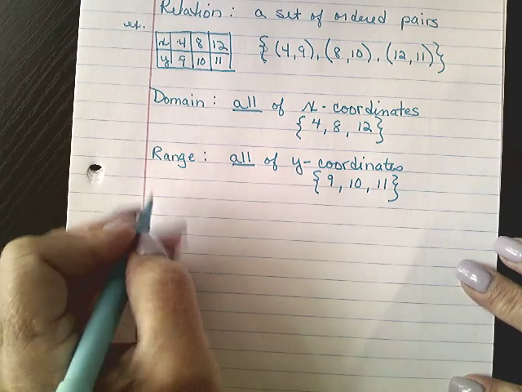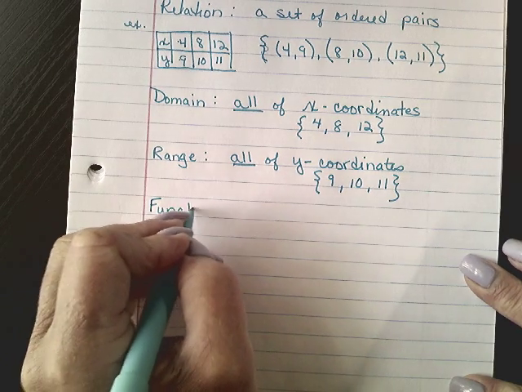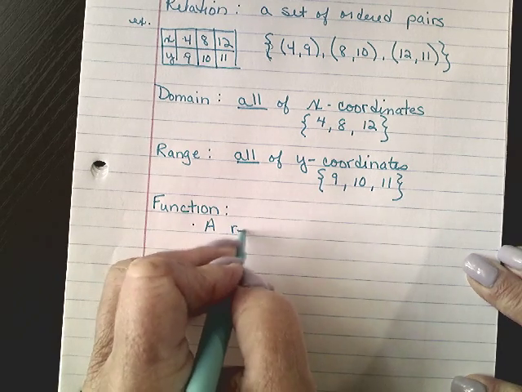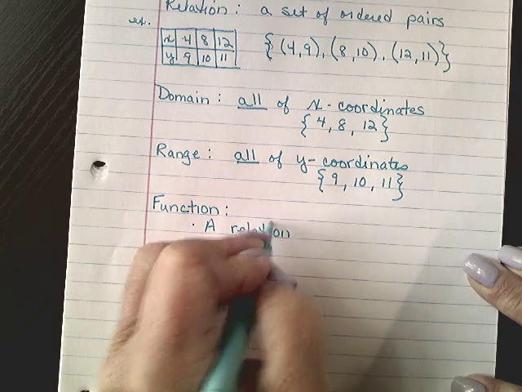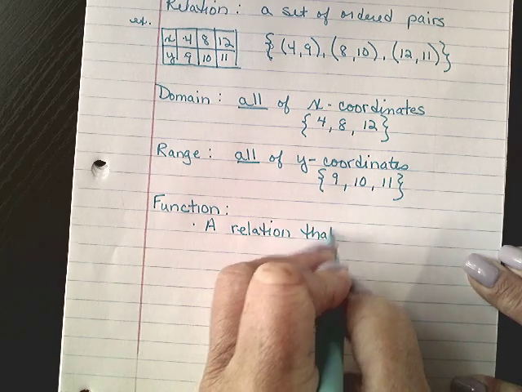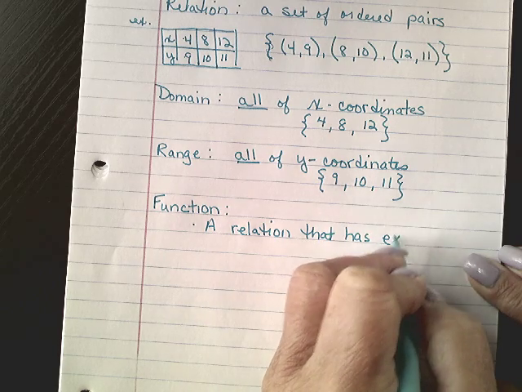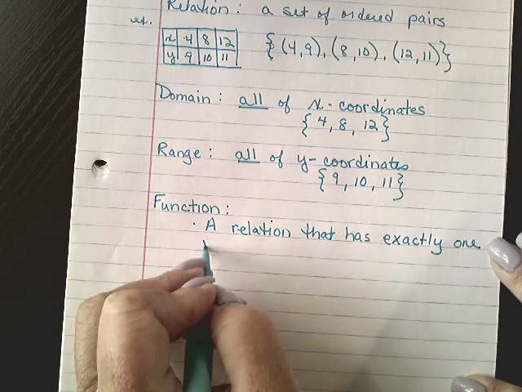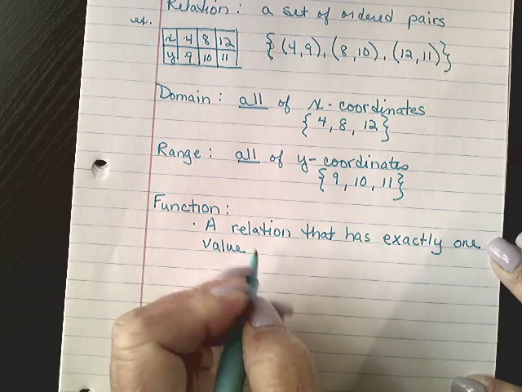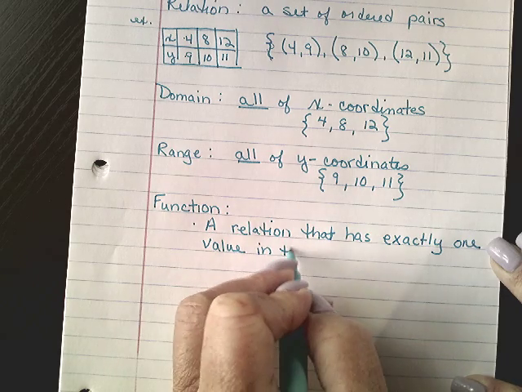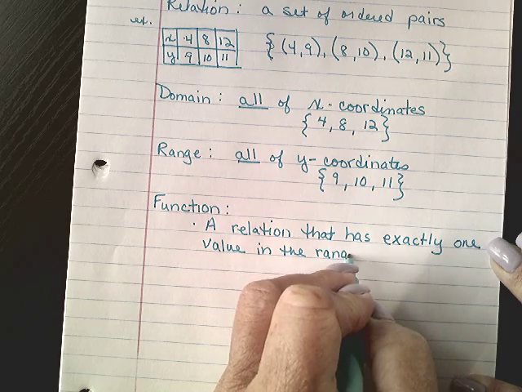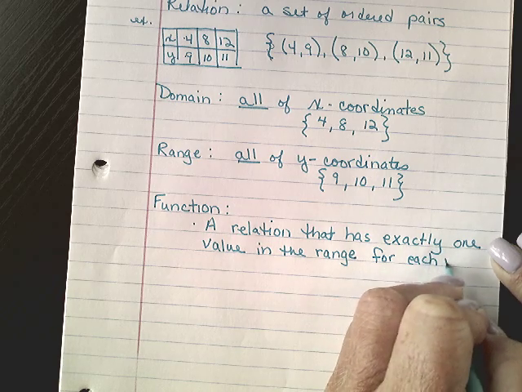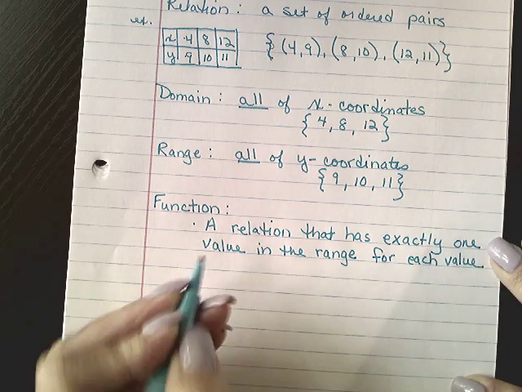So now, what is a function? A function is a relation, so that would be a set of ordered pairs, that has exactly one value in the range for each value in the domain.